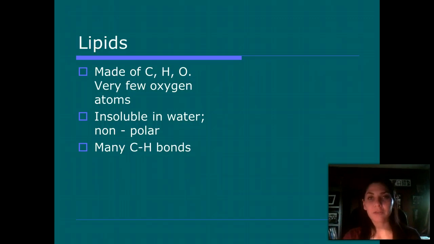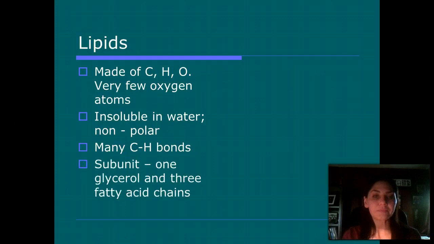Whereas water, which is polar, has a charge on the oxygen that's slightly negative and a charge on the hydrogen that's slightly positive. So they form many carbon-hydrogen bonds, and we call these hydrocarbon tails.